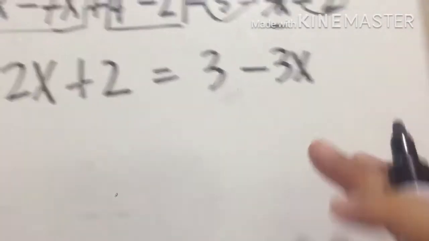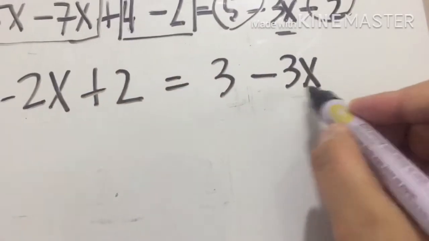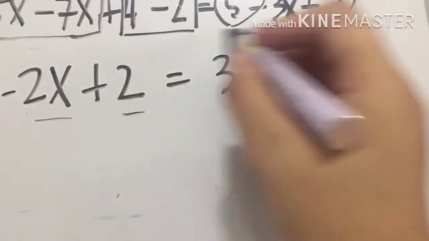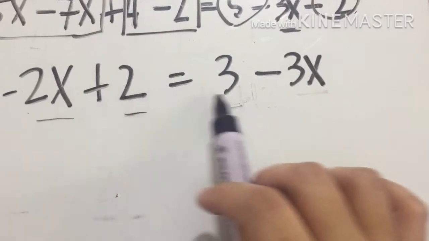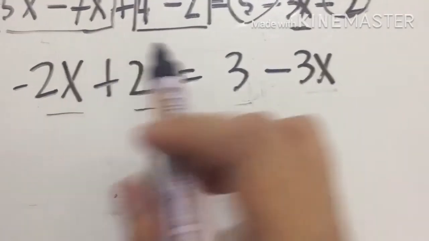Okay. So again, since they do not have the same term, we have to transpose this to the right side, and then this negative 3x to the left side, okay?